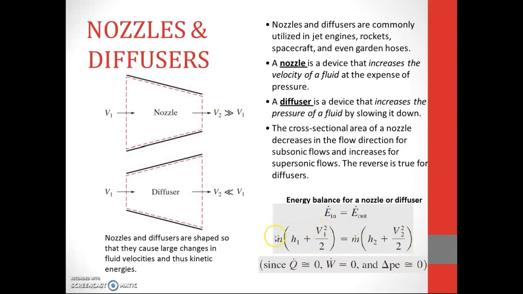There is no potential energy. What's left is only the mass flow enthalpy term and kinetic energy. Okay, nozzle and diffusers. So this is the energy balance for nozzle and diffuser. It can be applied for both devices, but the values must be different, right?